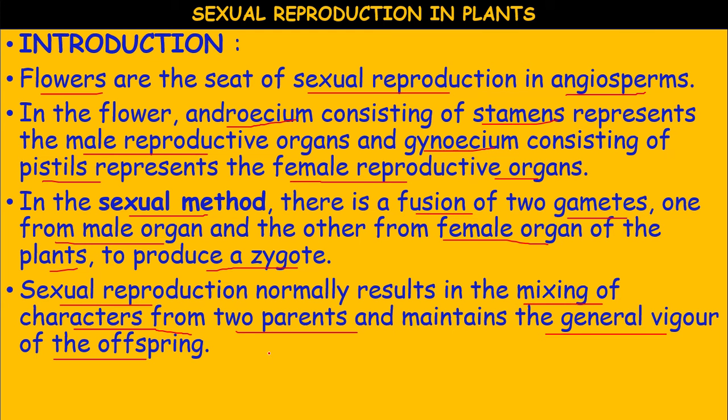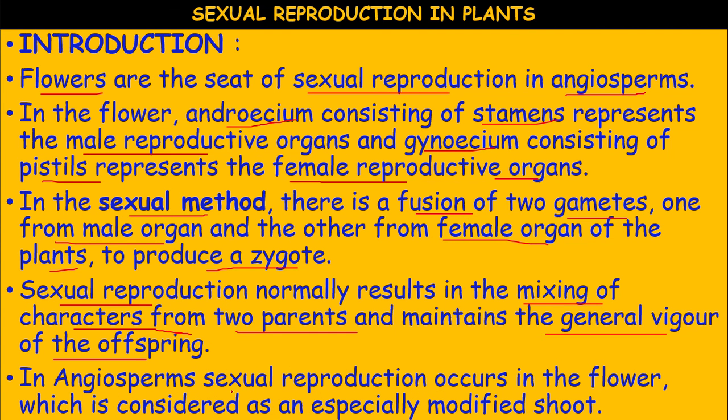So, sexual reproduction has greater importance. Why? Because there is a chance of genetic recombination, crossing over, and production of new characters which help that species to survive better and better.